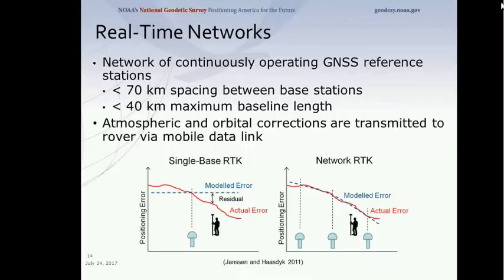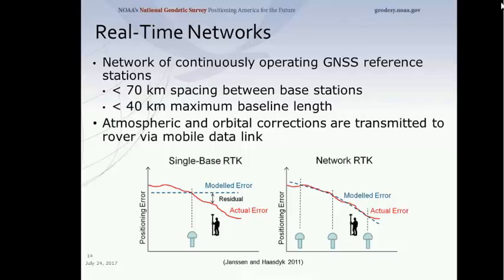in the real-time network. The advantage of a real-time network is that the atmospheric errors can be interpolated between multiple base stations. So this little diagram at the bottom of the slide shows two scenarios. You have a single base RTK on the left, so that's just using a single base station. And I'm going to call that throughout this presentation, this survey method, SRTK, to stand for single base RTK. In that mode, you only have one data point for modeling atmospheric error.